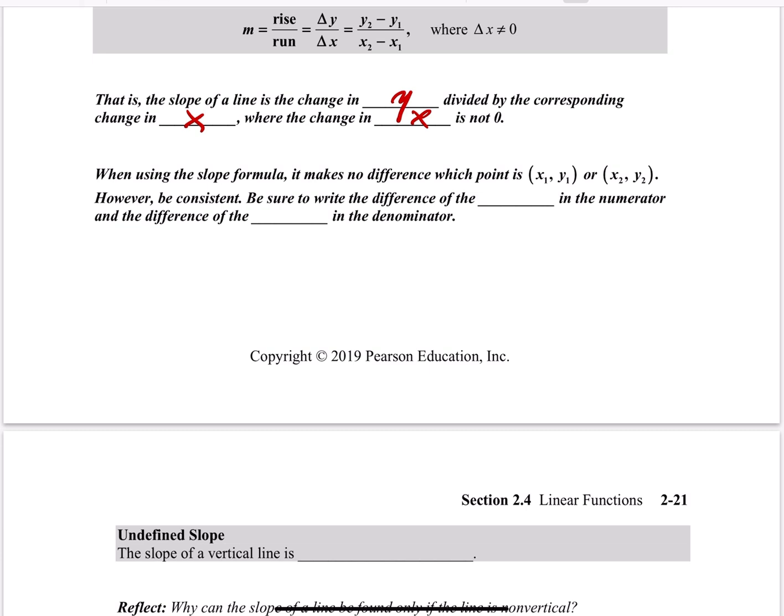However, be consistent, start with the x.